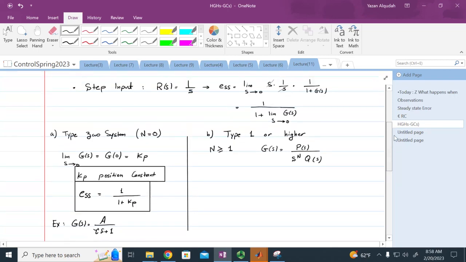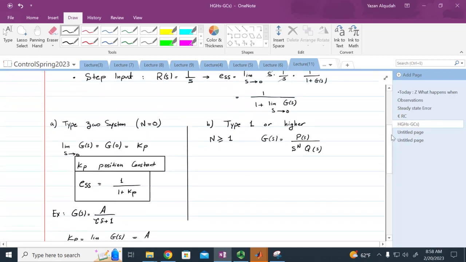Now the steady state error, we see, is going to equal 1 over 1 plus the limit as S goes to 0 of G of S. What is the limit as S goes to 0 of G of S?